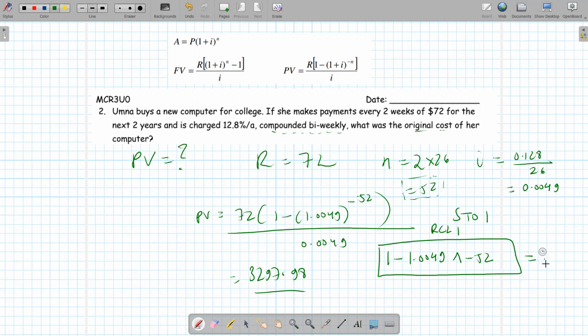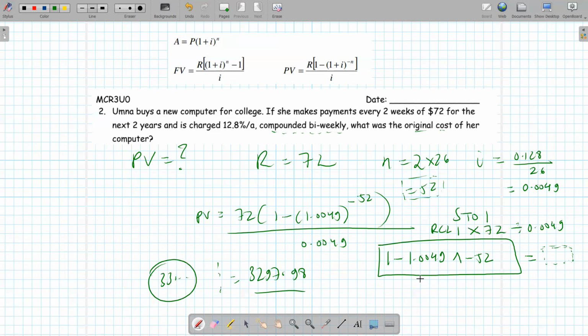And I should get the same answer as you had here. 0.224. And then do times 72 divided by 0.0049. 3,297.98. There you go. That's the exact answer. You were a little bit off before, I think at 300 something.